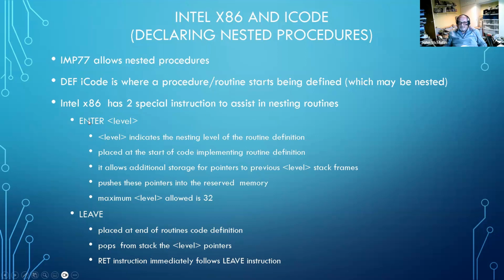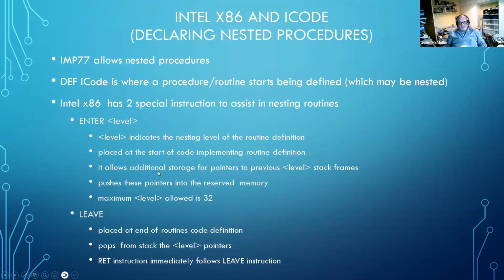One is the enter, when you're going into a routine, and one is leave, when you're leaving, where level indicates the nesting level of the routine. So if it's nesting level 3, it's 3 deep inside a defined function, which then defines another function, which then defines another function, you need to do that.